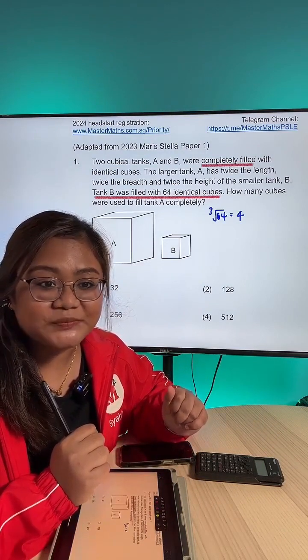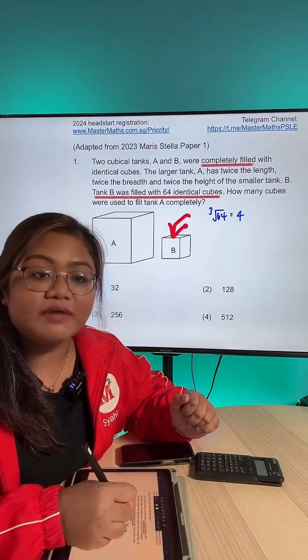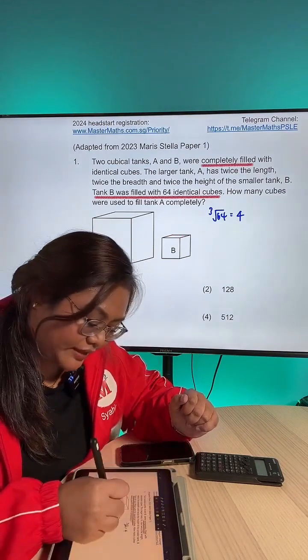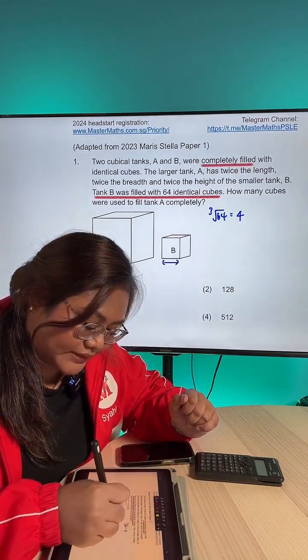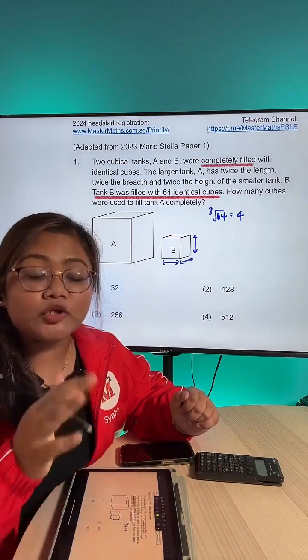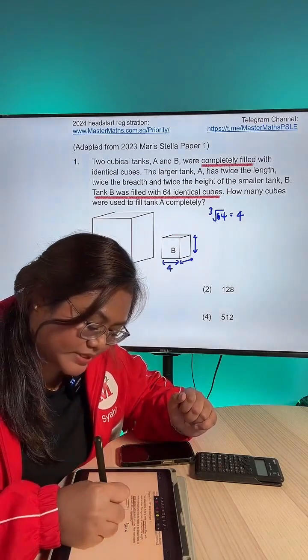Recall, to find the volume of a cubical tank, we take the length times the breadth times the height. So if we take the cube root, we know that along the length, breadth and height, we have 4 cubes each.